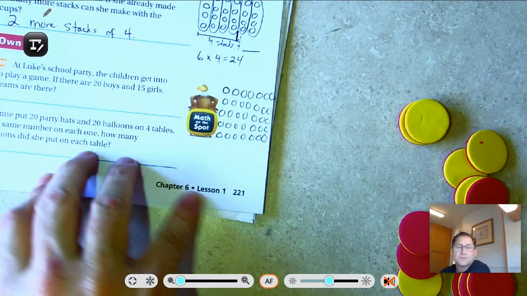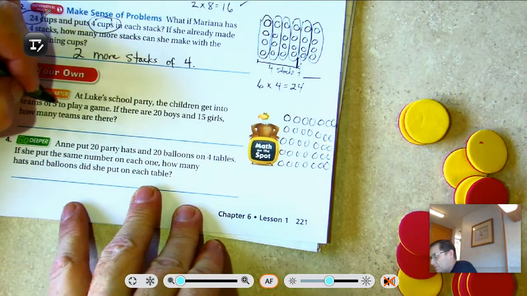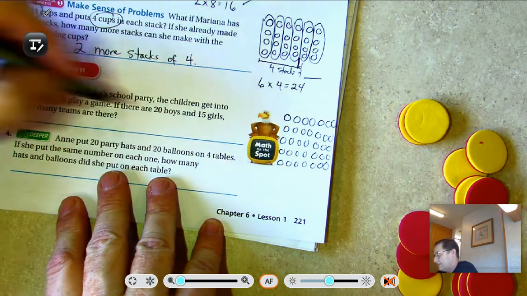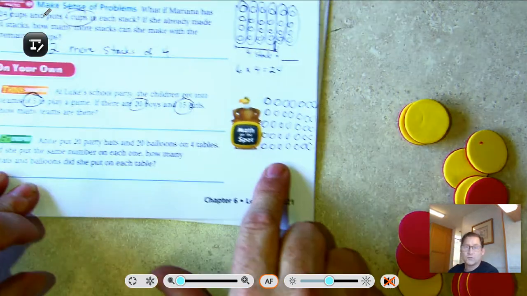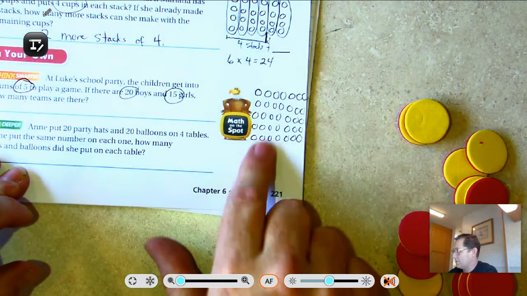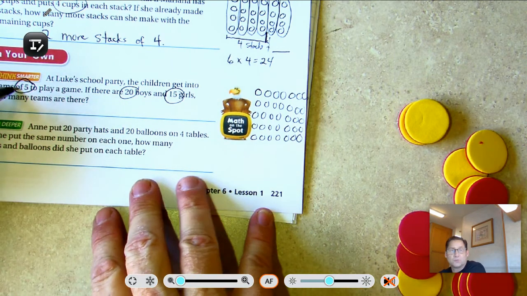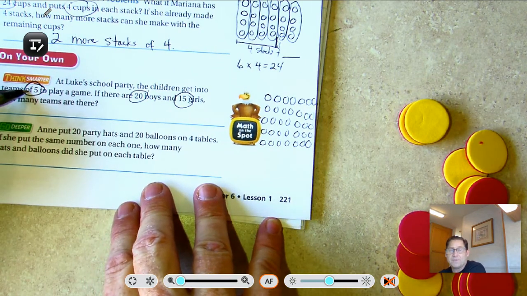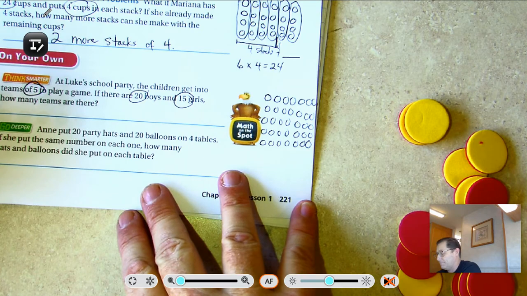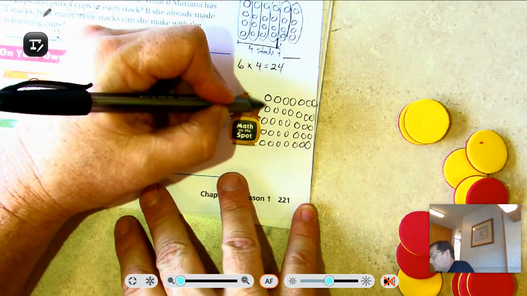All right, so there's teams of 5. So the circles represent all the boys and girls. Now we need to circle groups of 5 to figure out how many teams there are.